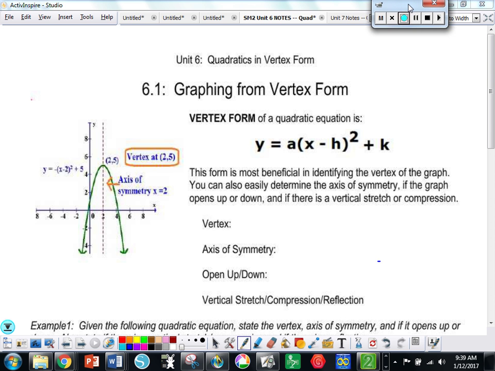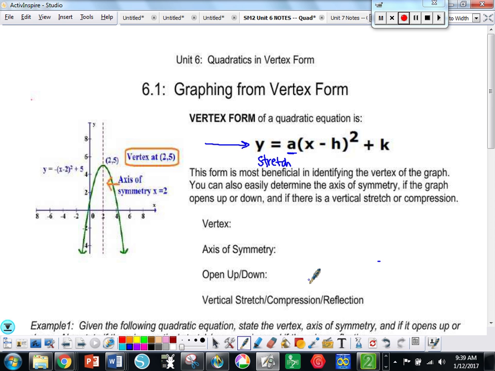Okay, so this is what it looks like to be in vertex form right here. I'm not going to go into what a vertex is, what the axis of symmetry is, and those things. Kind of a review. The A right here is the same A that we talked about in standard form and intercept form. The A is the stretch.